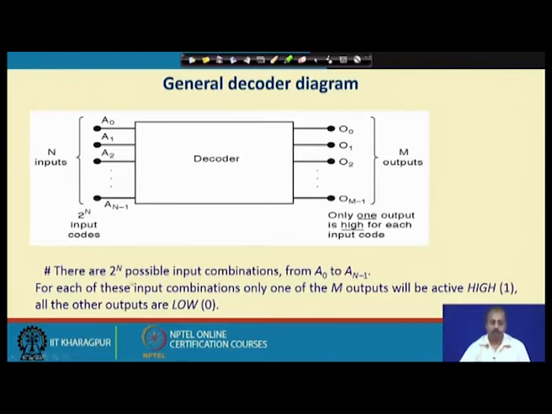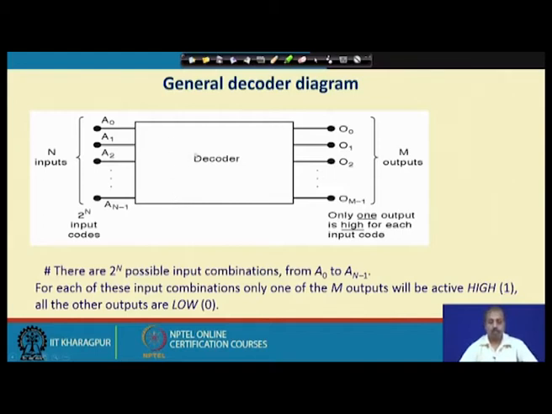So, there are 2 power n possible input combinations from A0 to An minus 1, and for each of these input combinations only one of the m outputs will be active high, and all others will be low. If high is 1 and low is 0, then it is 1 and 0. So, this is the basic decoder definition.